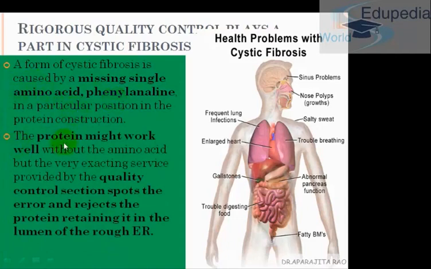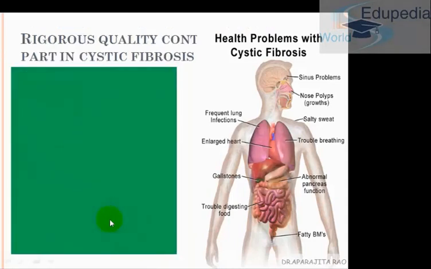The protein contains a lot of amino acids and one of them is missing, and the protein can still work well. But the quality control section spots the error and rejects the protein. So the protein stays in the lumen and is never taken out for the function to happen.